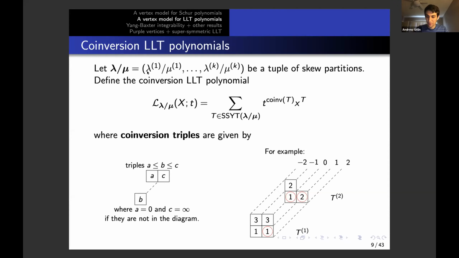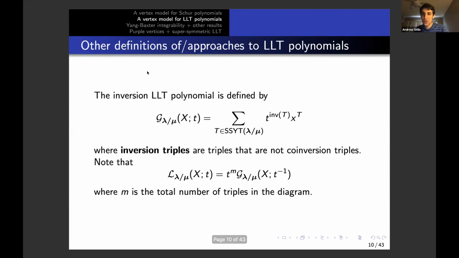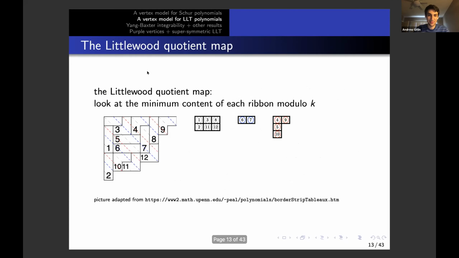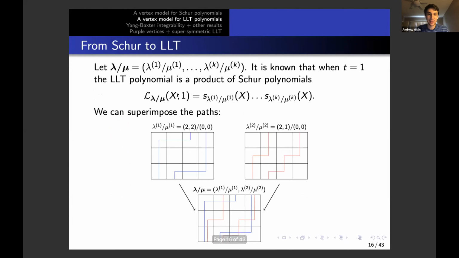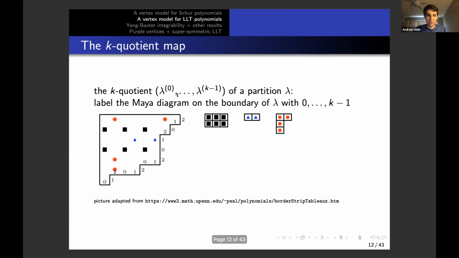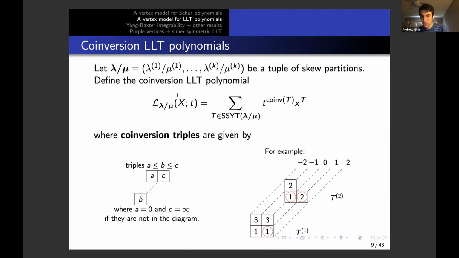Yeah, so when we were originally trying to find this vertex model, we tried the inversion version, but you run into problems where the powers of t get messed up, or the weights become what's called non-local, in that the weight of a vertex doesn't depend on just the configuration in the vertex, but it depends on stuff around it. And so eventually we realized that from a combinatorial point of view, the co-inversions were really the thing we wanted to look at.